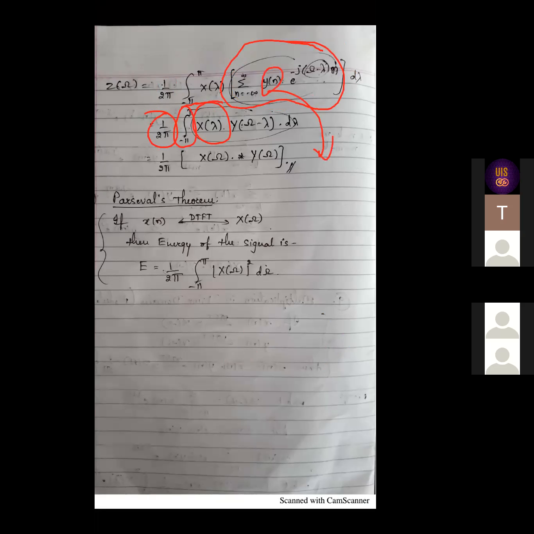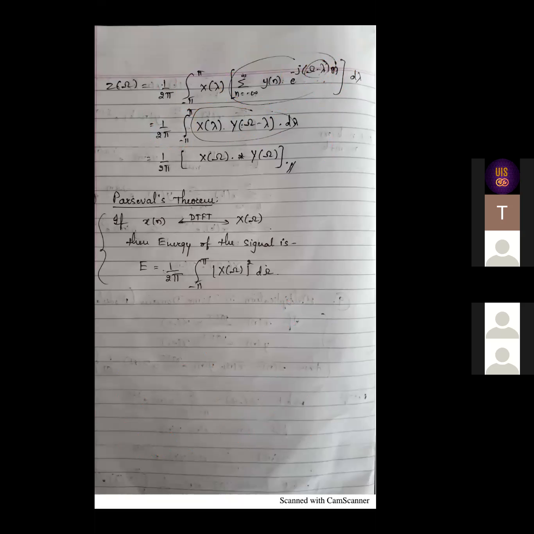But if you observe, the power is not simply omega, because the formula says summation x of n exponential of minus j omega n. If you have omega, it represents x of omega. But if the power is omega minus lambda, it represents the Fourier transform at omega minus lambda. So because the power is omega minus lambda, it is the Fourier transform of y of omega minus lambda.